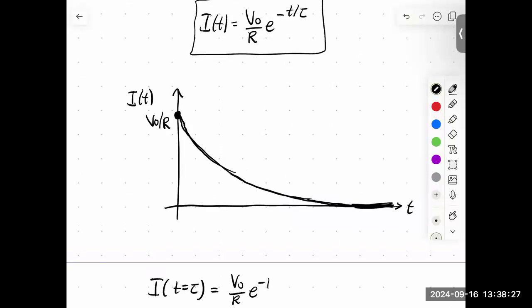And so maybe it sits somewhere around here. And so here is 1 time constant. And the current drops to maybe 35% of its maximum value or something like that. This is supposed to be a straight line. And so this is going to be V naught over R times 1 over e. Okay, good. Any questions about this?